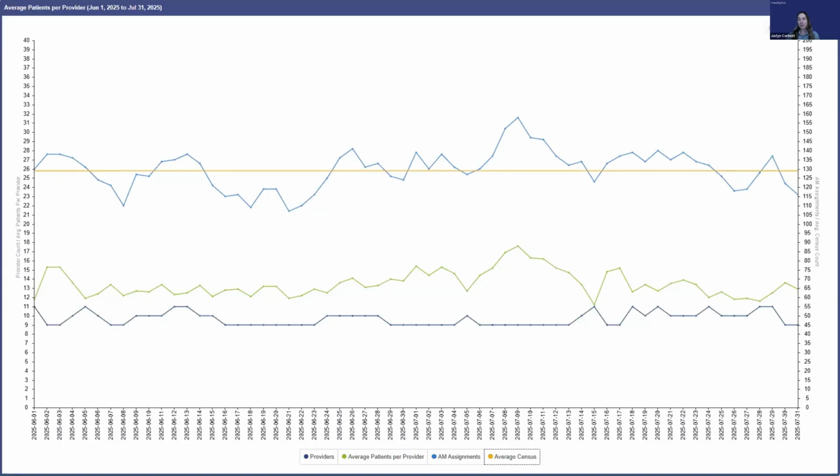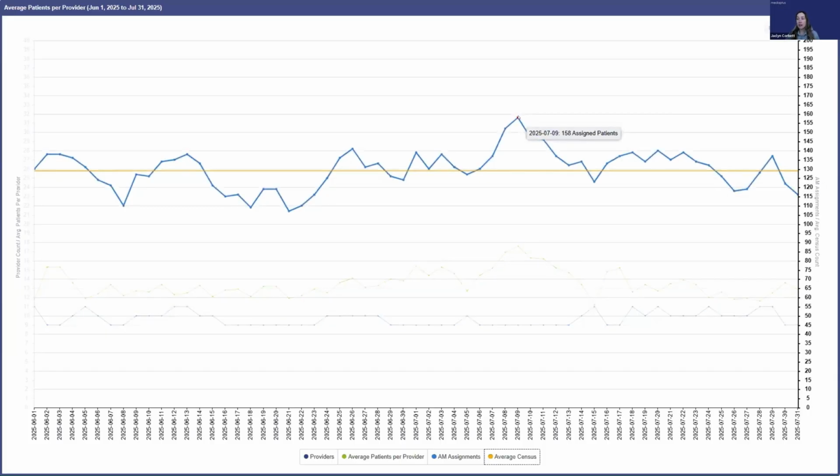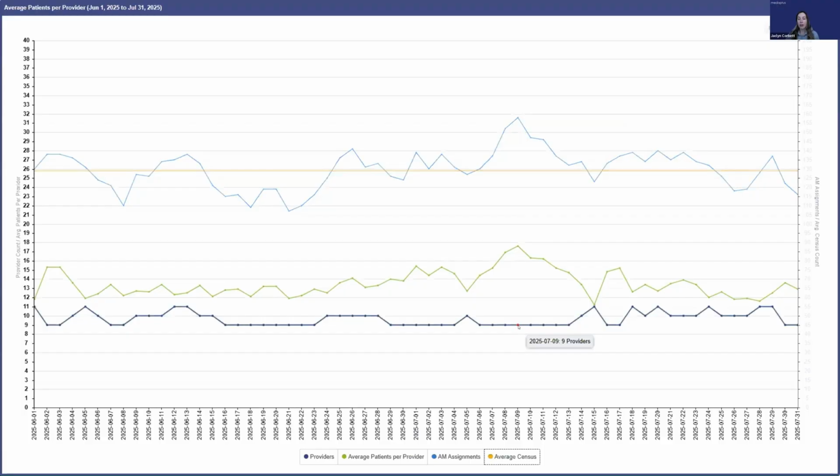Yeah. Mirroring what Mallory said, this graph is really great. It brings that census and staffing information together on one graph. You can see your daily census alongside how many providers you have scheduled to round that day.